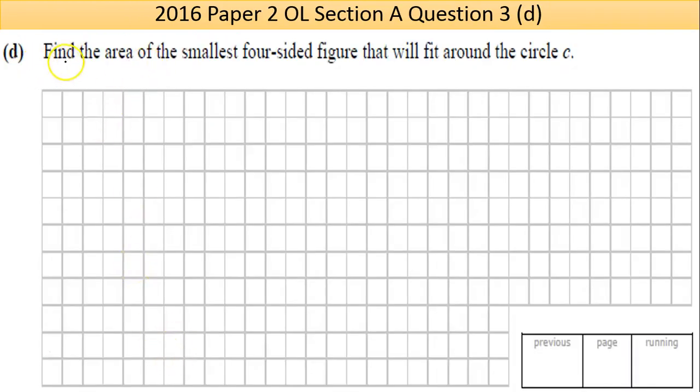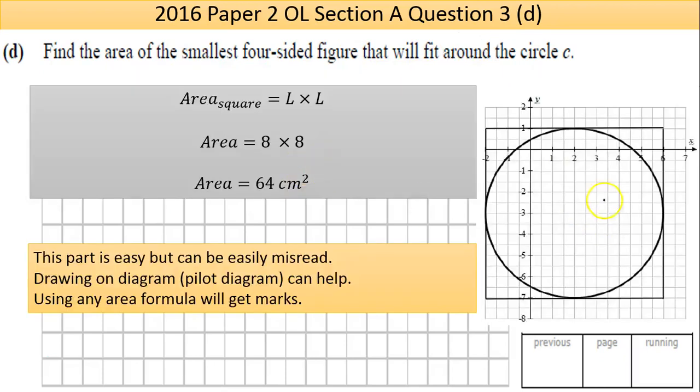Now, part D then says find the area of the smallest four-sided figure that will fit around the circle. Not inside, but around. Biggest mistake made last year: people maybe didn't cop that, and they drew a box inside the circle. Okay, I'm going to go straight to the answer just so it looks right. So that's the smallest box around the circle.